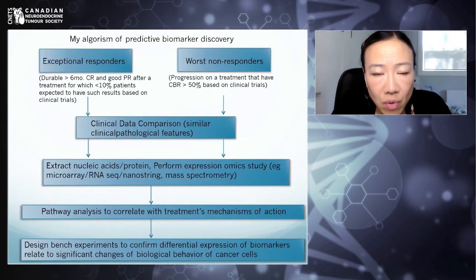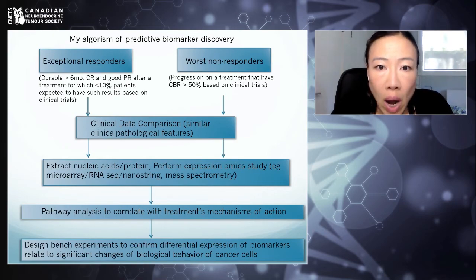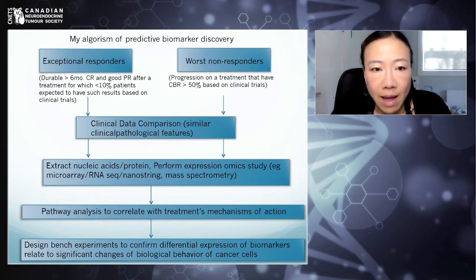So one algorithm for discovering a predictive biomarker is to compare the exceptional responders versus the non-responders, obtain the tissue as well as fluids like the blood, the urine, and the stool, and really work out the biology of the tumor. What's the difference between these two tumors?